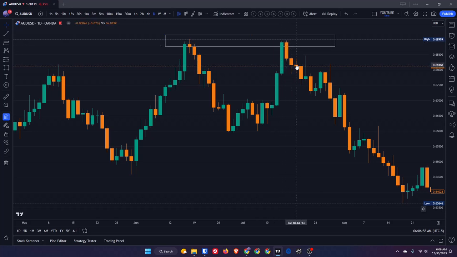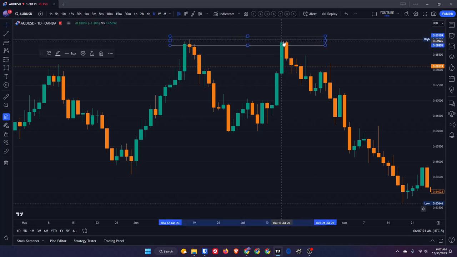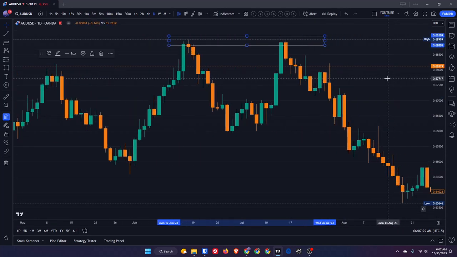But the thing is, when you're looking at any type of basic analysis or way of analyzing and trading, you have to understand that everything is a probability and it's not guaranteed to work out. So this could have easily come up to this area and just gone straight through and kept going higher forever. We don't know that, but it happened to come back down.